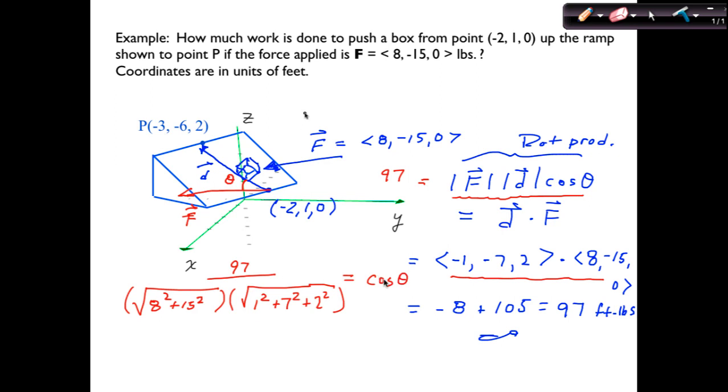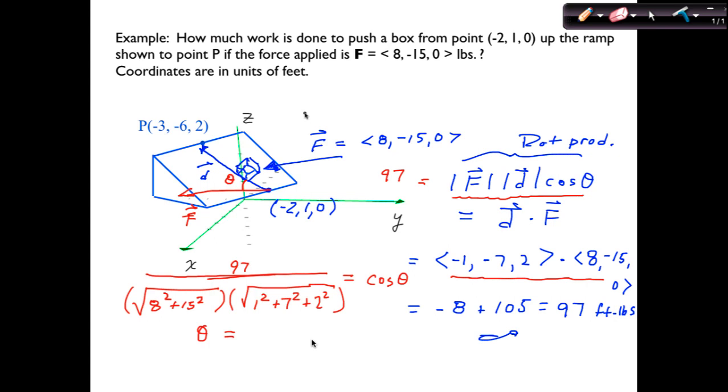Make sure you know if you're in degrees or radians on your calculator. Does someone punch it out so we can get the number?